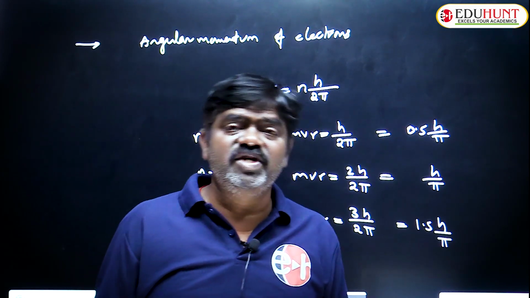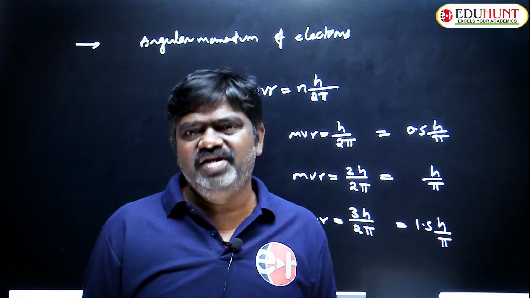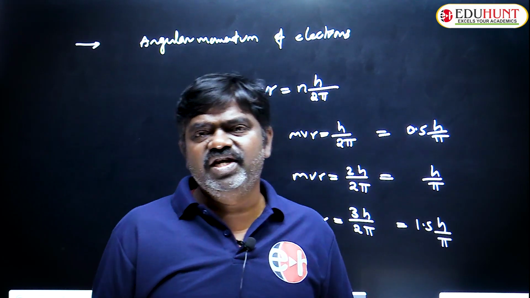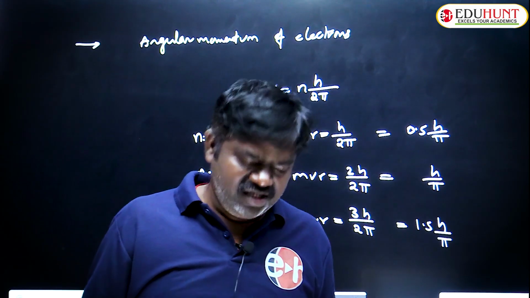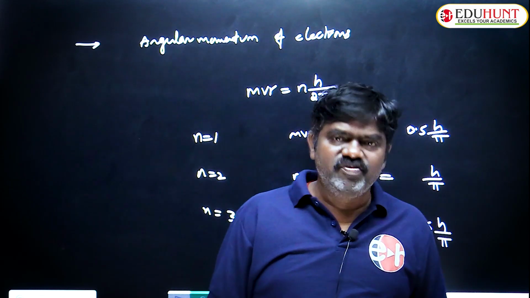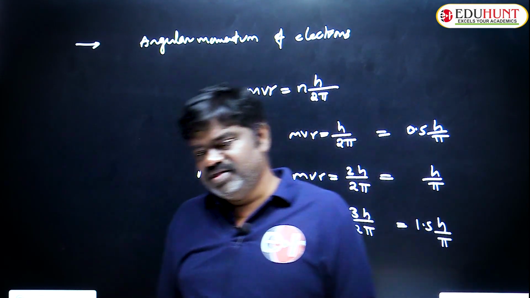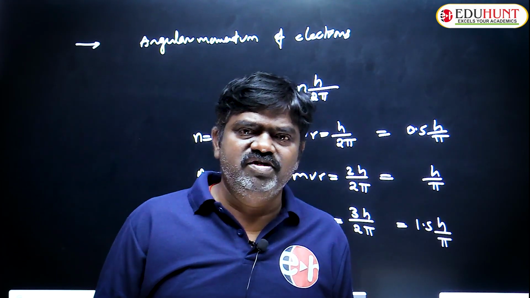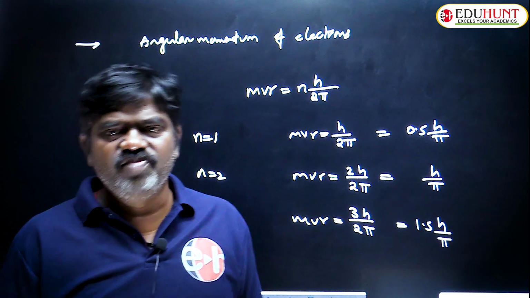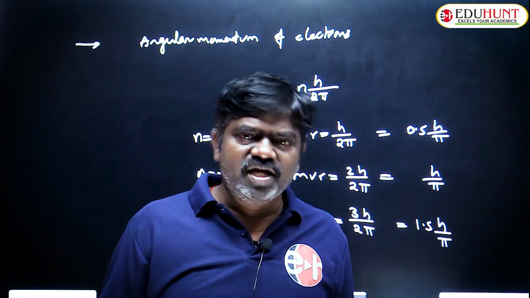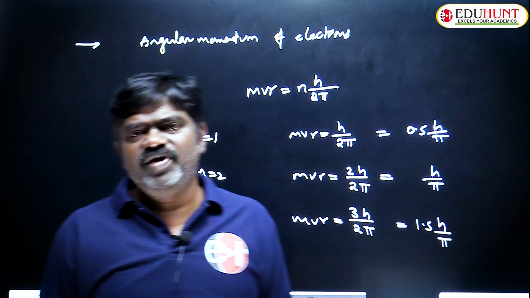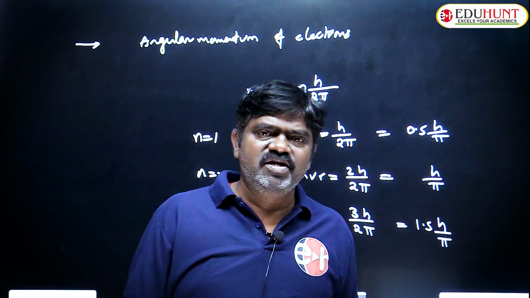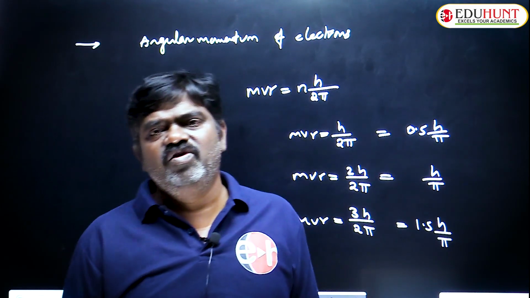The total number of shells around the nucleus is infinite. Based on the first, second, third shells we can explain the energy of orbits, the size and radius of the atom, the number of orbitals and number of electrons present in the shell, and the angular momentum of electrons. These points are very important.